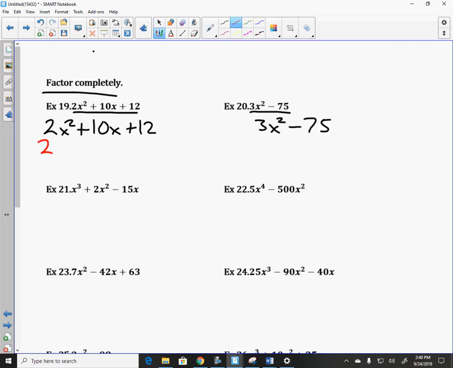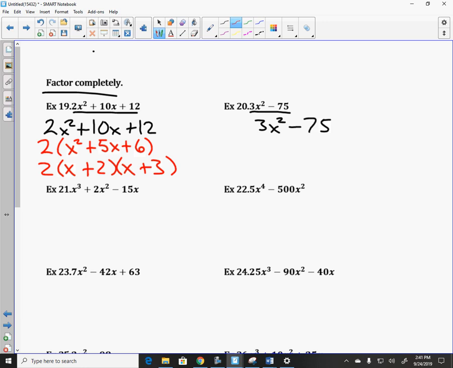Take out 2, and you're left with x squared plus 5x plus 6. The question is now, does x squared plus 5x plus 6 factor? That factors like a trinomial on the last page. So I have x and x, two numbers that multiply to 6 and add to 5: 2 and 3. Now I'm done. So you can see it's factoring more than once.